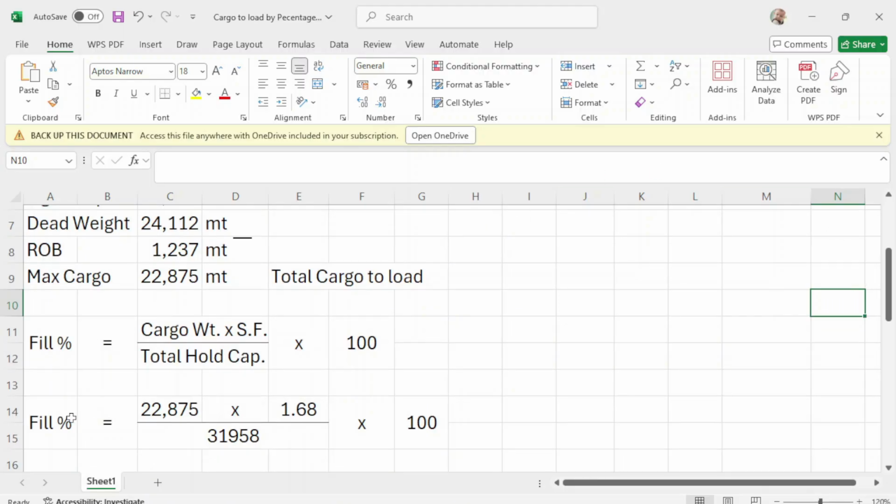Okay. The formula for percentage equals your cargo weight times your stowage factor over your total cargo hold capacity, times 100.